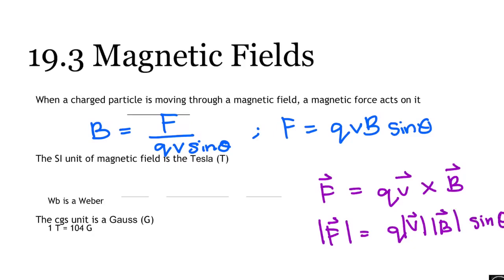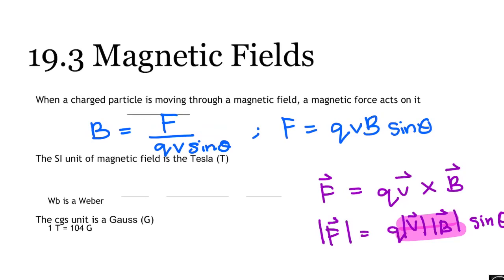Theta is the smallest angle between the velocity and B. Okay, so theta is the angle between v and B. Why not q? q is not a vector. It's similar in analogy to mass.